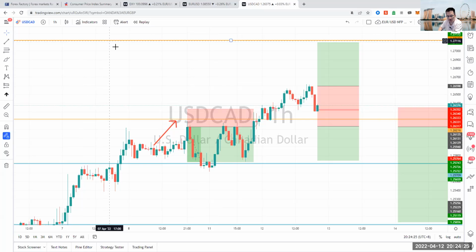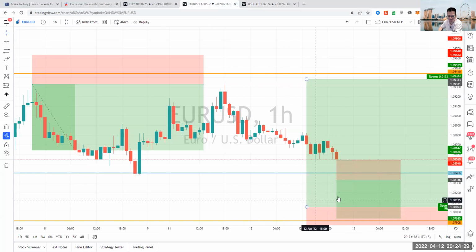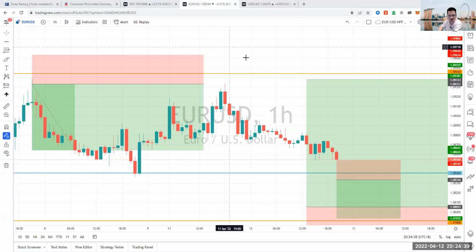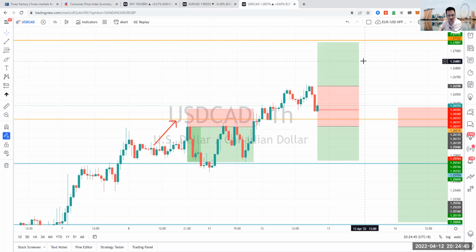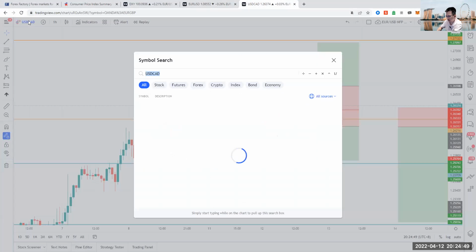And I think I like the USD/CAD more than the EUR/USD because EUR/USD is at a very low point. I would say that you can sell it down, but just be very careful with that. The USD/CAD actually has a bit more space to run up to if we see a good news scenario.